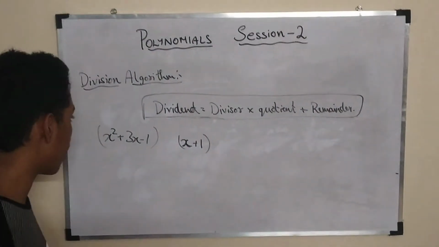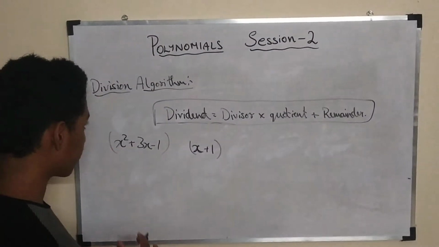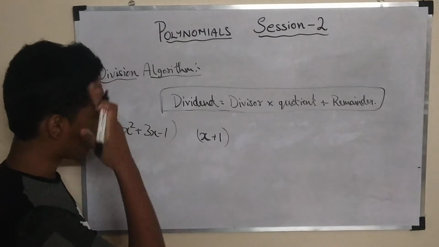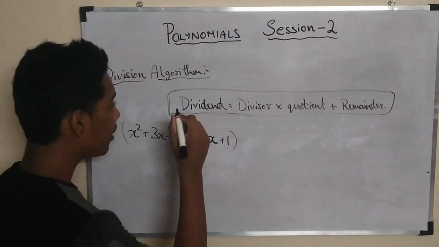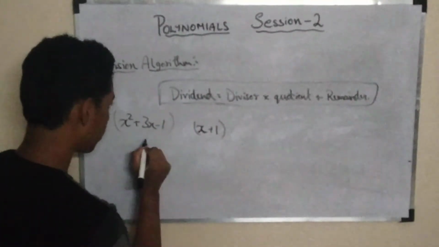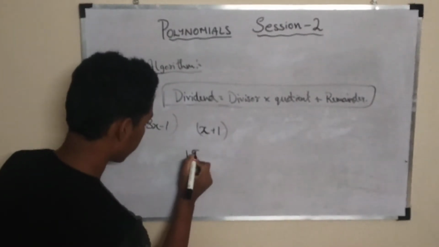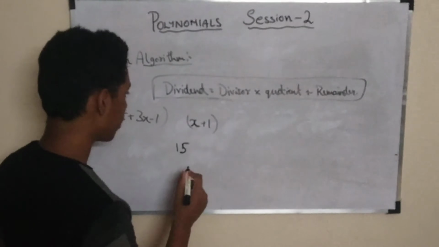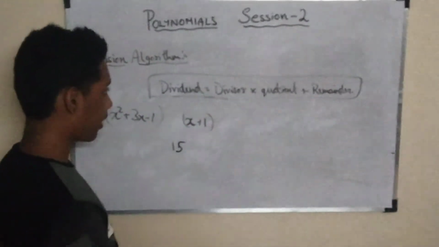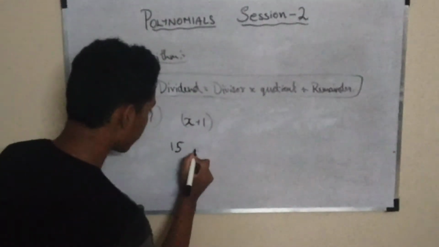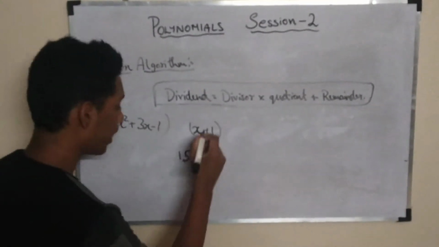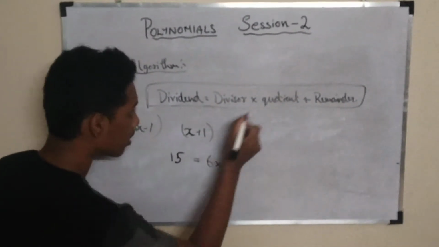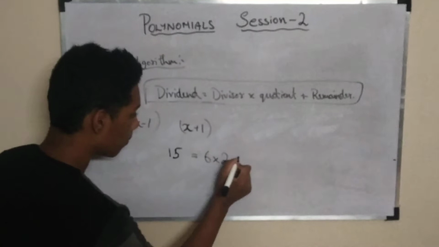Now let us find out how. First, let's take examples with constants. Let's assume this is 15, and the other is, let's say, 6. So how can we express 15? We can express 15 as 6 times a quotient, let's say 2, plus 3.